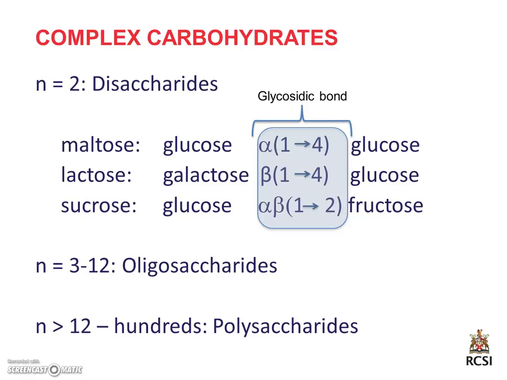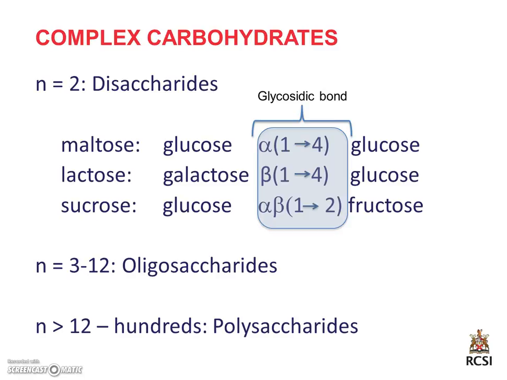As we move on into the lecture then, and once we have explored the structure of the monosaccharides, we will have a look at how they start to come together to form what are known as the complex carbohydrates.